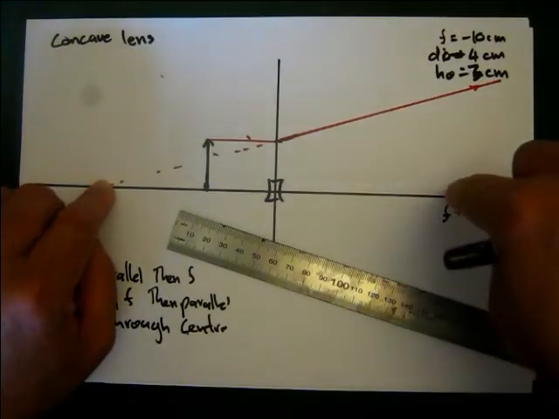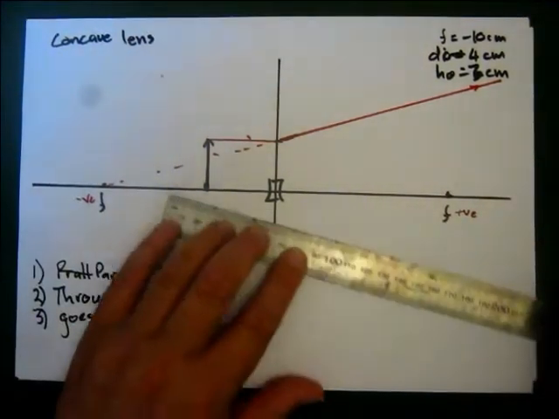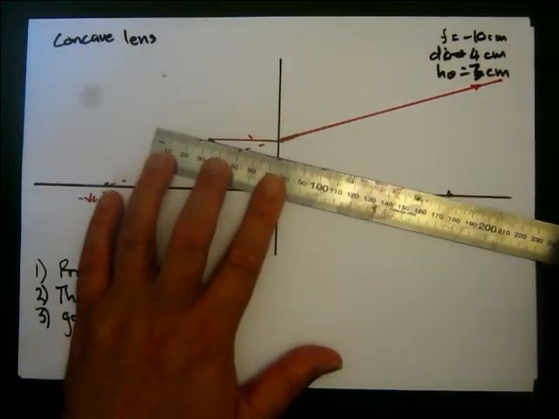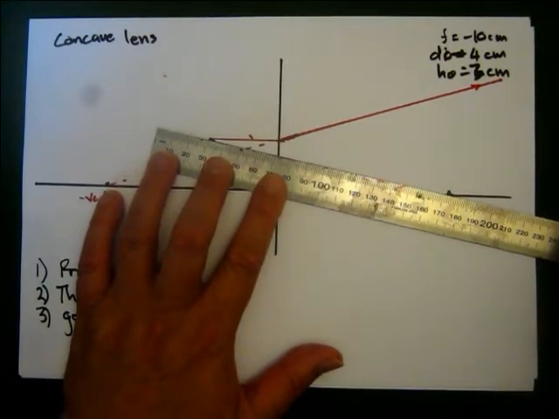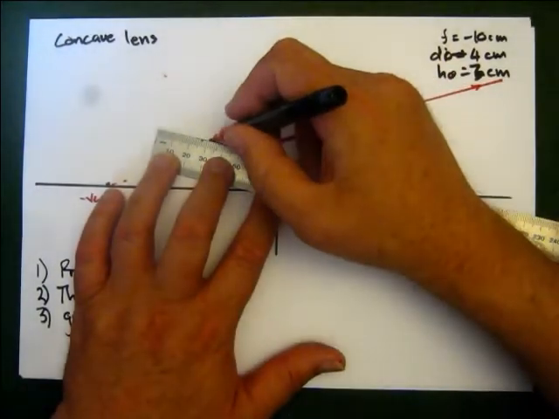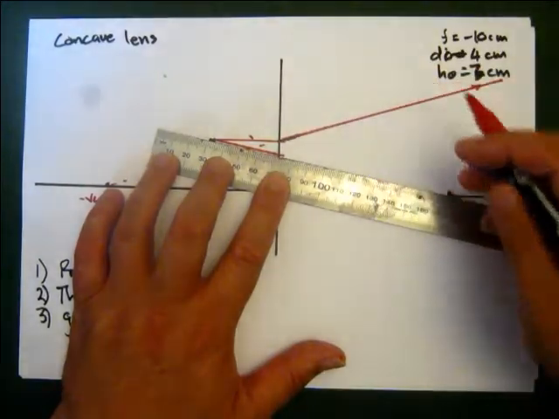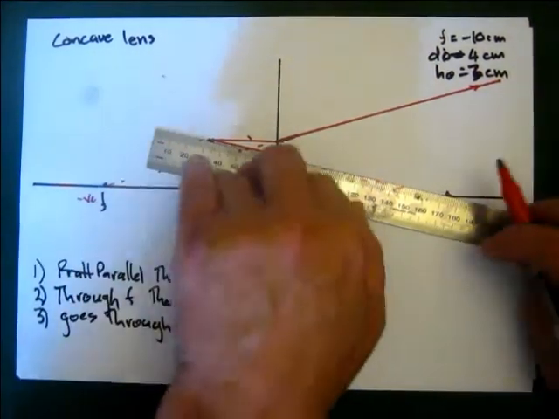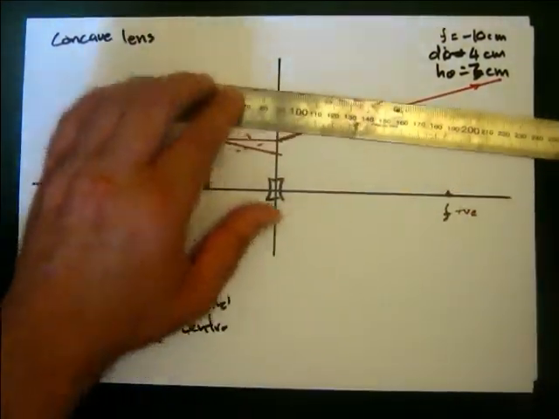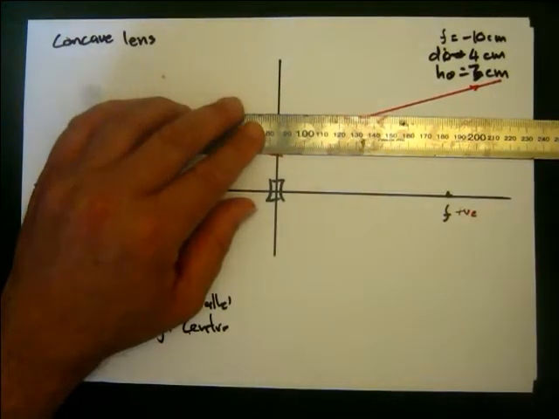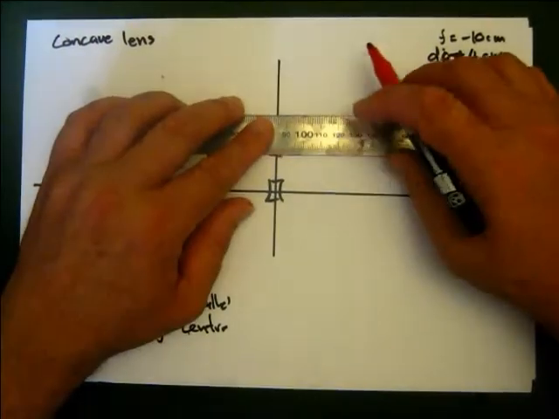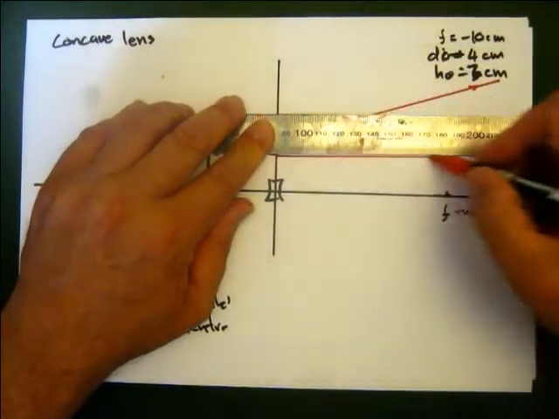In this case we'd use that focal point. So we use the opposite ones that we'd normally do. So this one goes down through F, or towards F, then it hits the line of action, and then it's going to go parallel.